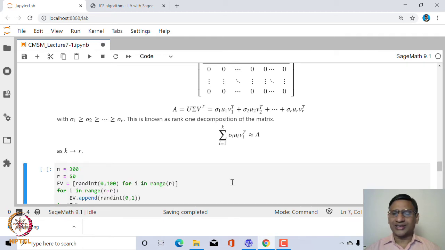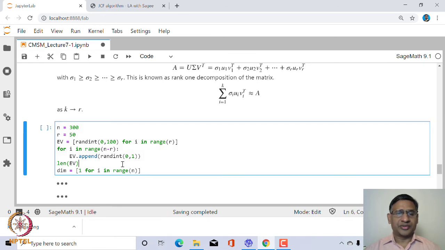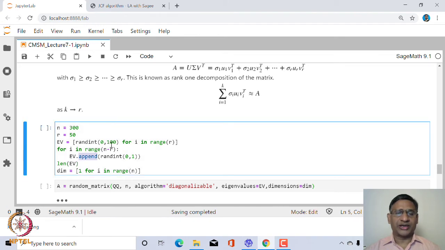Before that, let us just take an example. We have generated a random 300 by 300 matrix in such a way that the first R eigenvalues will be random numbers between 0 and 100, and the remaining n minus R will be between 0 and 1.